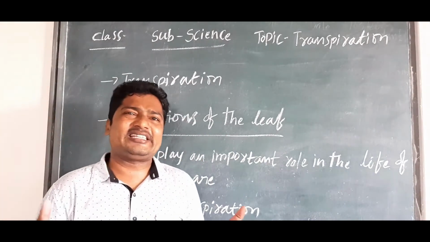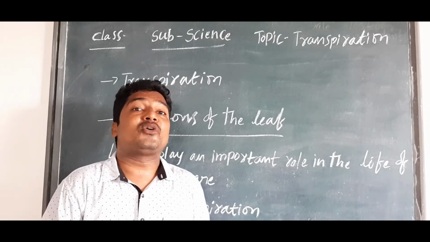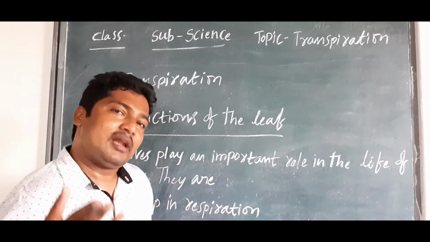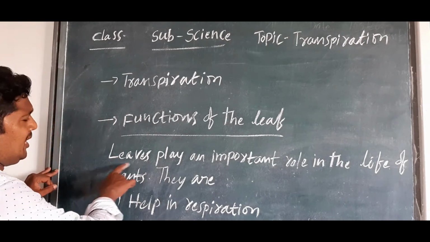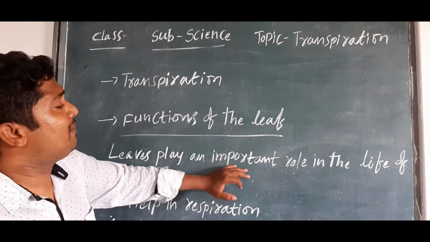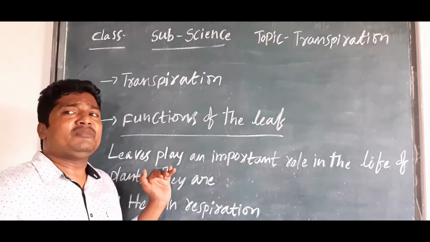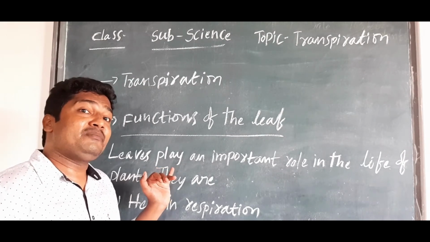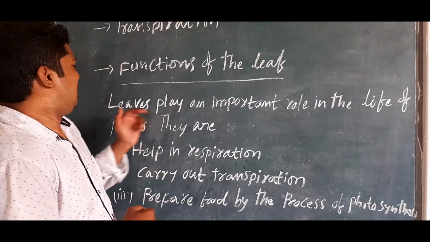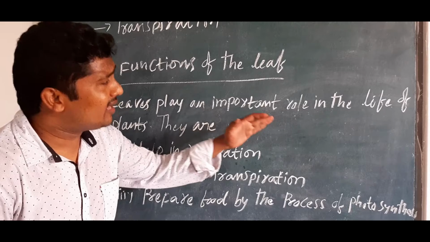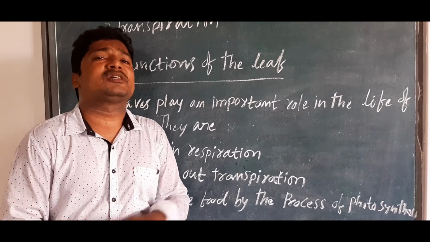We know that it is the kitchen of the plant, where the main thing is photosynthesis. Later we are going to discuss photosynthesis once again, but before that, all of you see, children, leaves play an important role in the life of the plant.